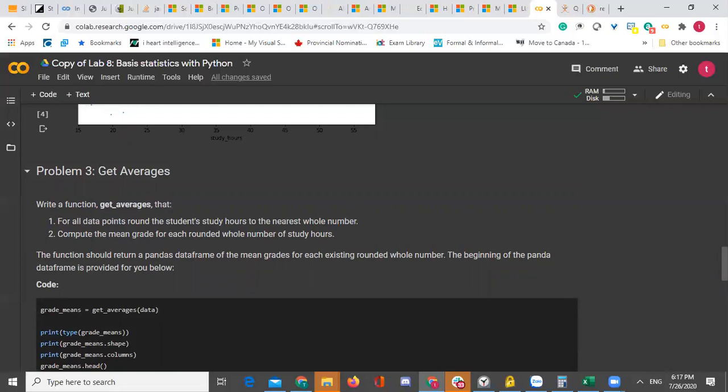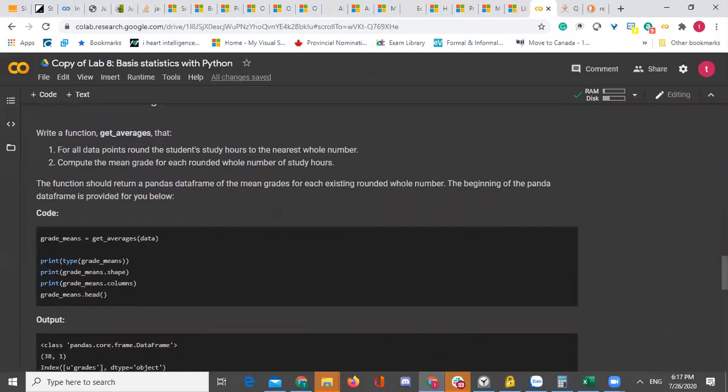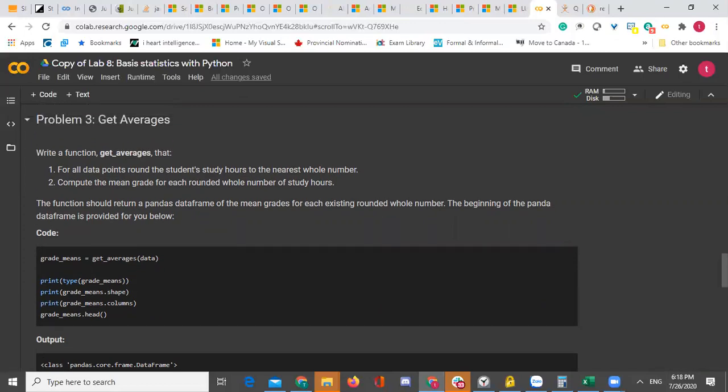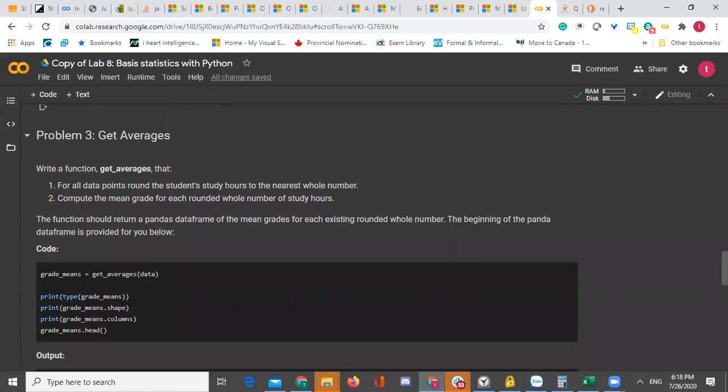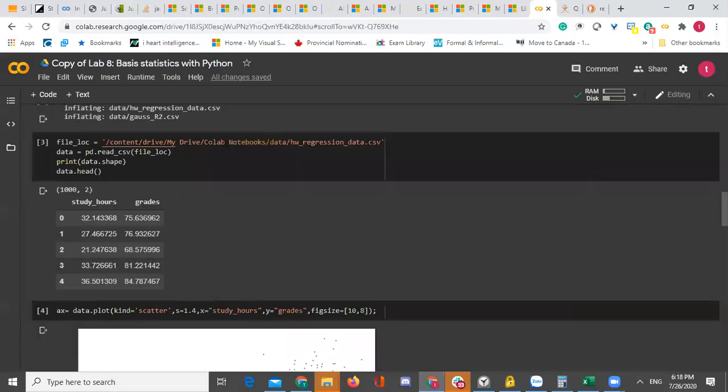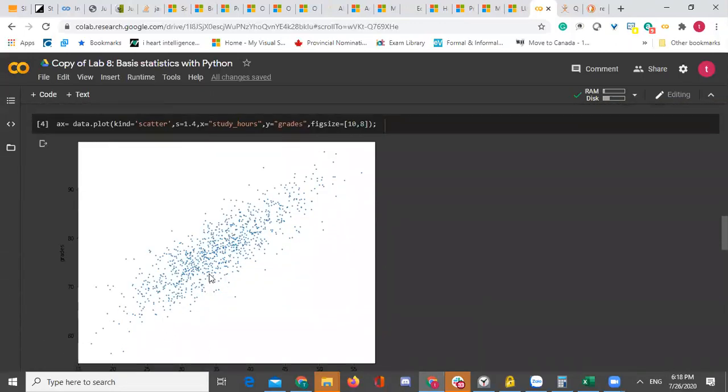You group by study hours and you get the mean of the grade variable. Firstly, you should turn the study hours into integer values. It will be a series of discrete values, for example, 1 hour, 2 hours, 3 hours of study time. So basically, if I have 3 hours of study time, what is the average grade I will have, right?